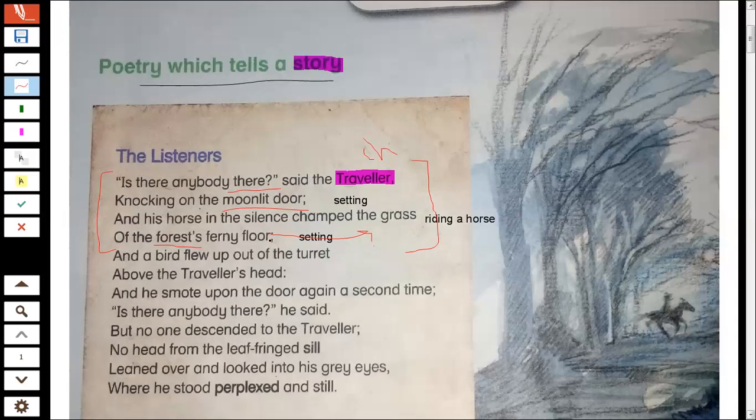Regarding the theme and atmosphere, in order to get the atmosphere and the theme of a poem, you really have to go by the keywords. The keywords here: "anybody there?" Loneliness. He's alone with his horse. "Moonlit door." This image of a moonlit door is commonly used for horror, for scary and frightening images.